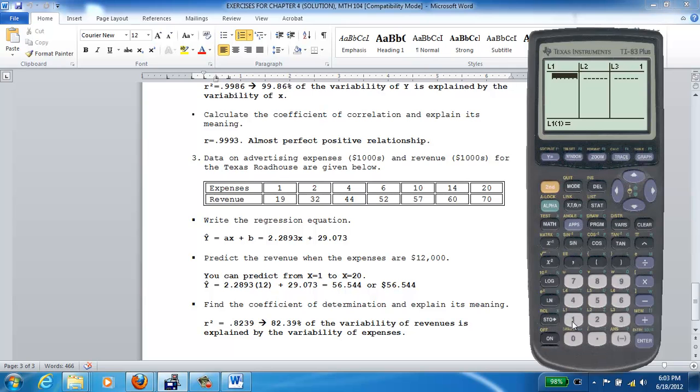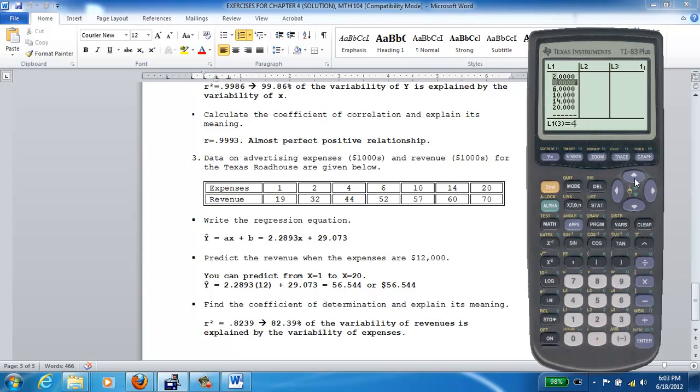So expenses we have 1, 2, 4, 6, 10, 14 and 20.